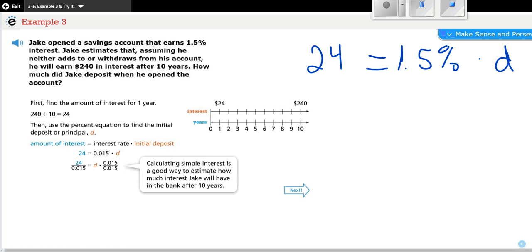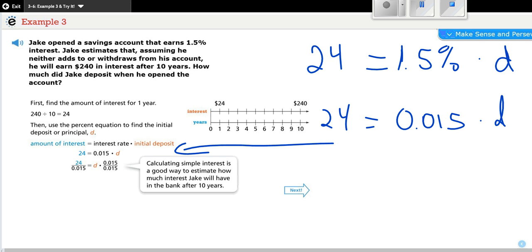And so we need to convert our percentage into a decimal, so divide by 100. That's going to give us this rewritten equation, just like what you're seeing over here.